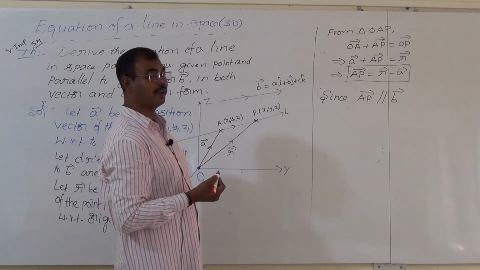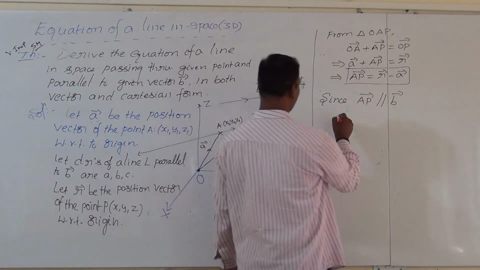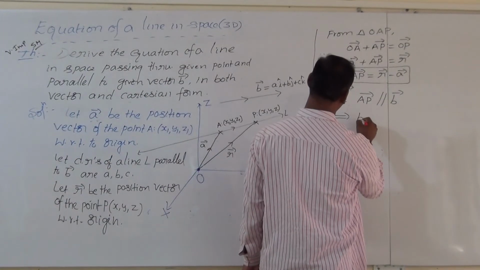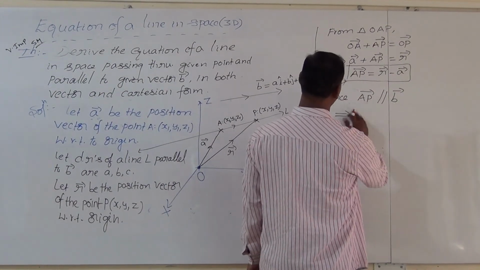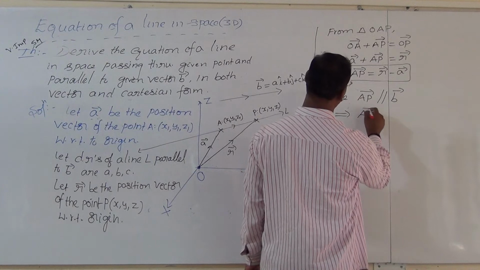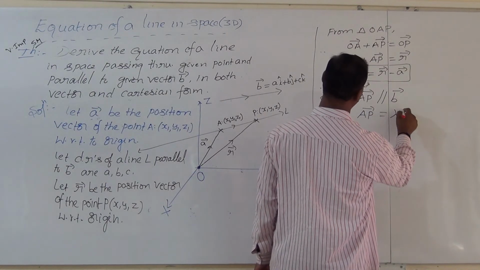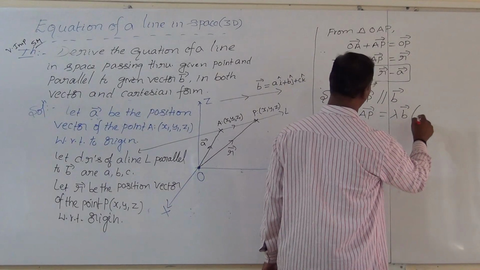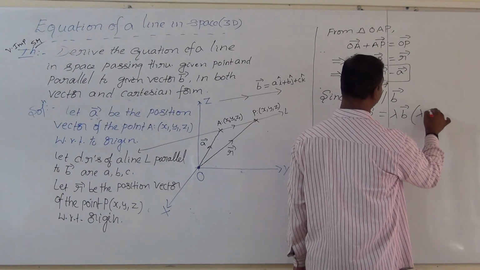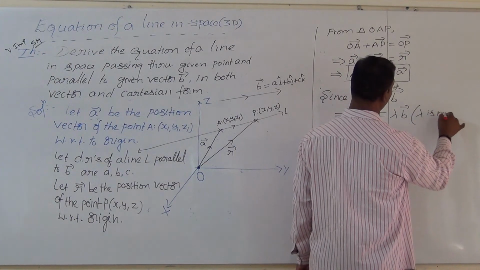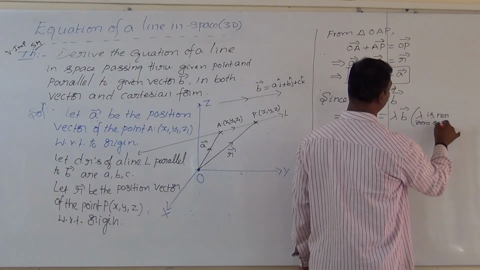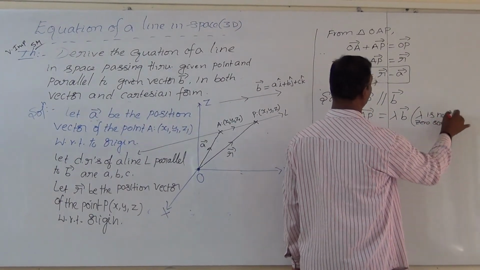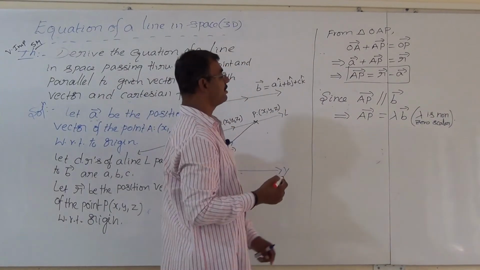AP vector is equal to lambda times B vector, where lambda is a non-zero scalar.